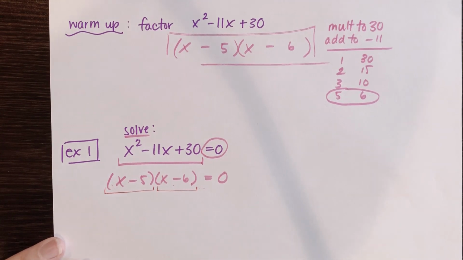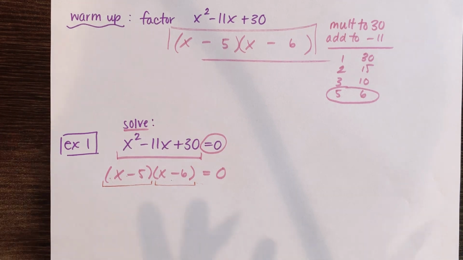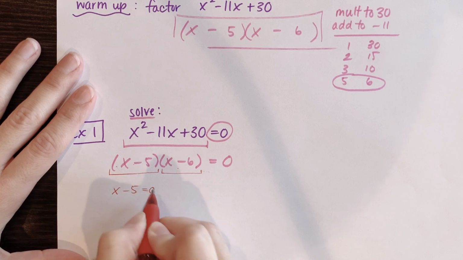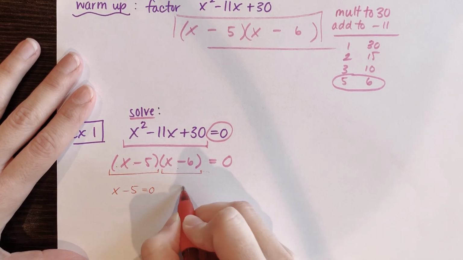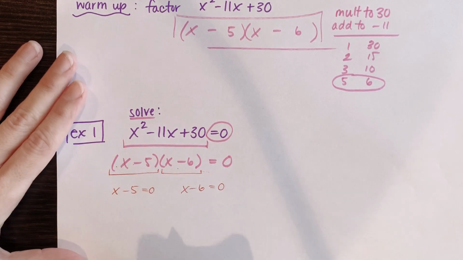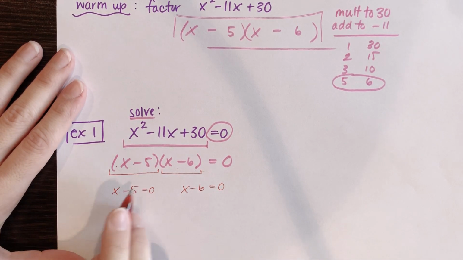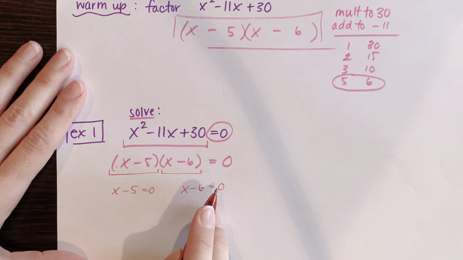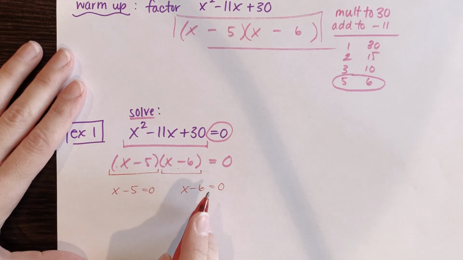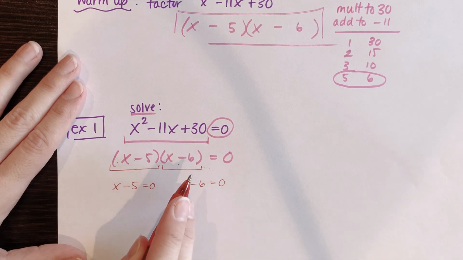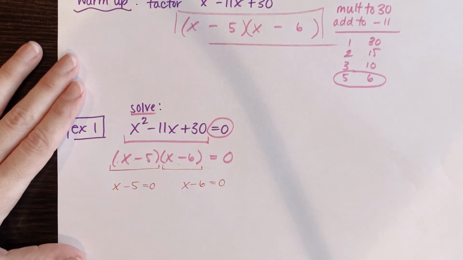So I'm going under this thought process. Okay, here's what I'm going with. One of these two factors, either the x minus 5 or the x minus 6, is equal to 0. One of these individual little pieces, factors, is itself 0, and that's why the multiplication results in 0.